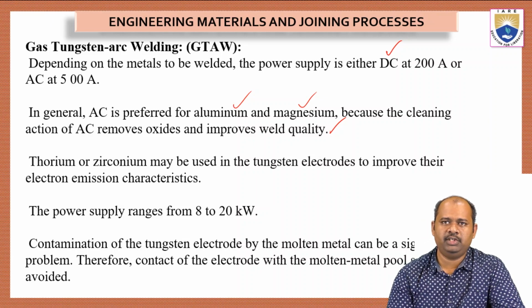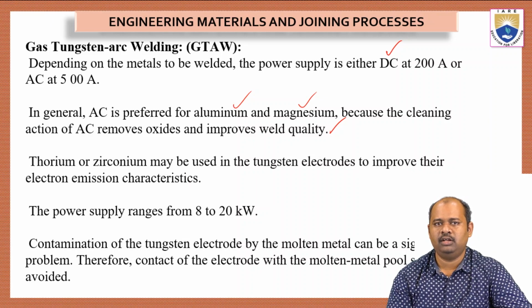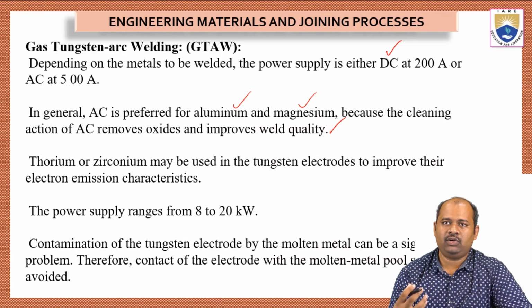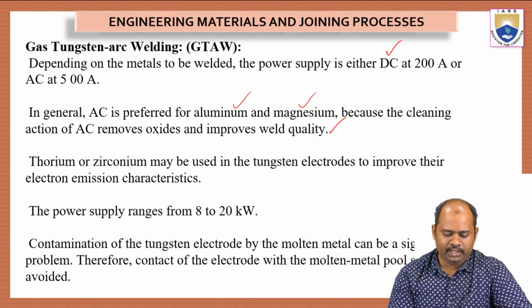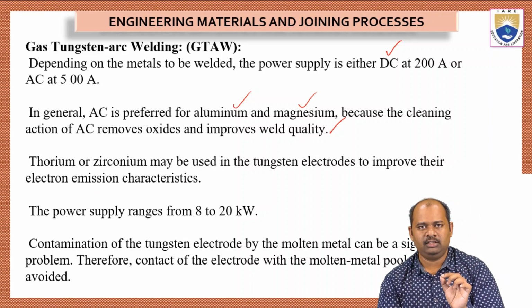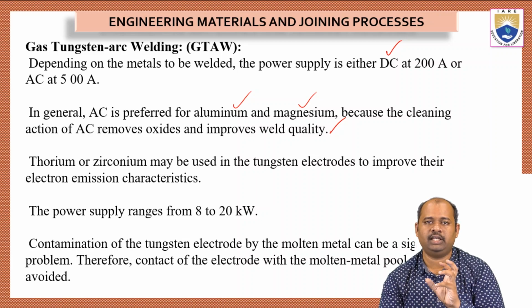Thorium or zirconium may be used in the tungsten electrode to improve its electron emission characteristics. So we have to add some other metals like thorium or zirconium to improve the electron emission characteristics of the tungsten electrode. Tungsten is a very hard metal. When electricity is made to flow through it, it will produce an electric arc.